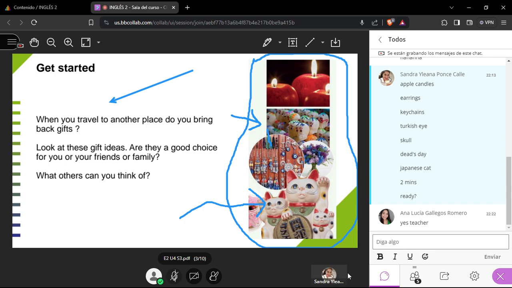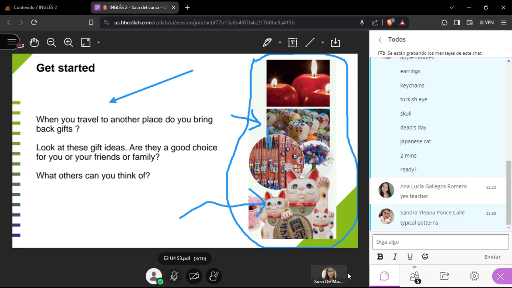Why not? And some people like postcards. Postcards and T-shirts. Yeah. T-shirts with some typical patterns, estampados típicos, no? Typical patterns.